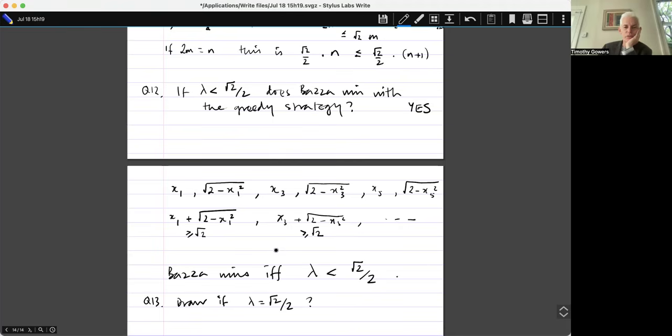So we know that Bazza can't win. Oh, yes. We've established that Bazza can't win if lambda equals root 2 over 2.